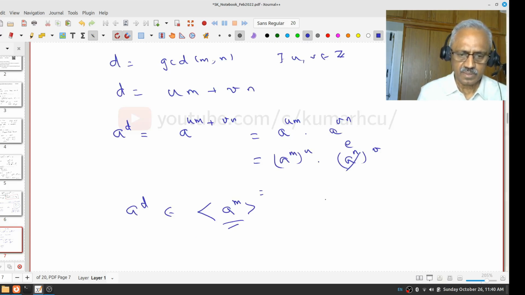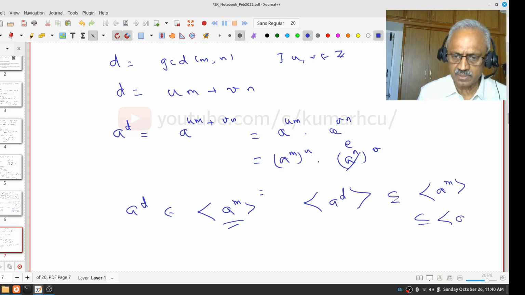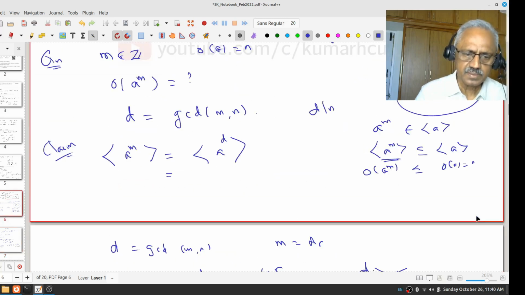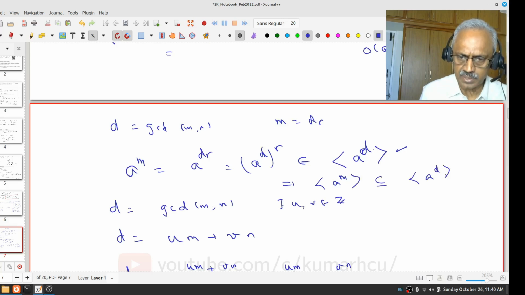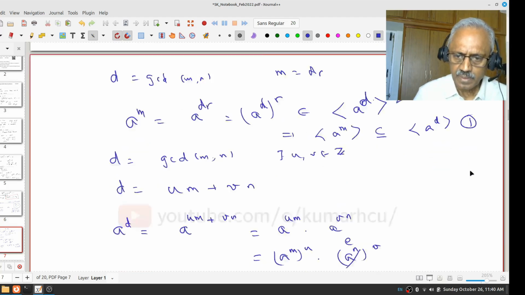You understand? Therefore the cyclic subgroup generated by a to the power d is contained in the cyclic subgroup generated by a to the power m, but that is contained in the cyclic subgroup generated by a to the power d. This is 1 and this is 2.